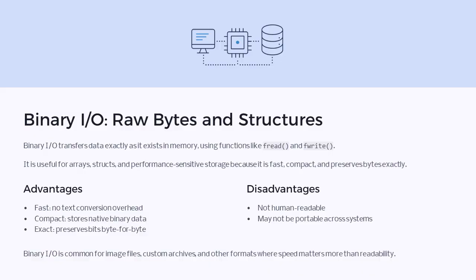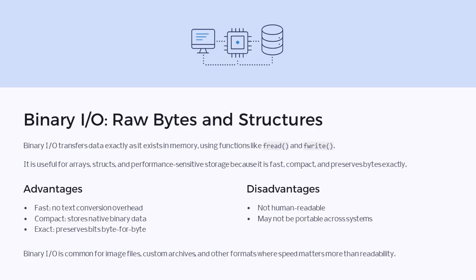Advantages: fast, no text conversion overhead. Compact, stores native binary data. Exact, preserves bits byte for byte. Disadvantages: not human readable, may not be portable across systems.